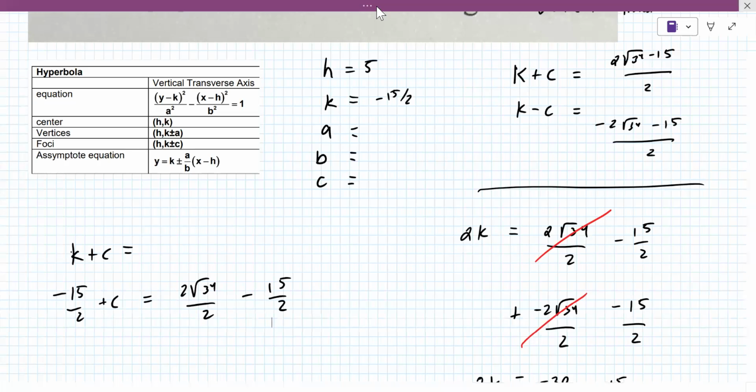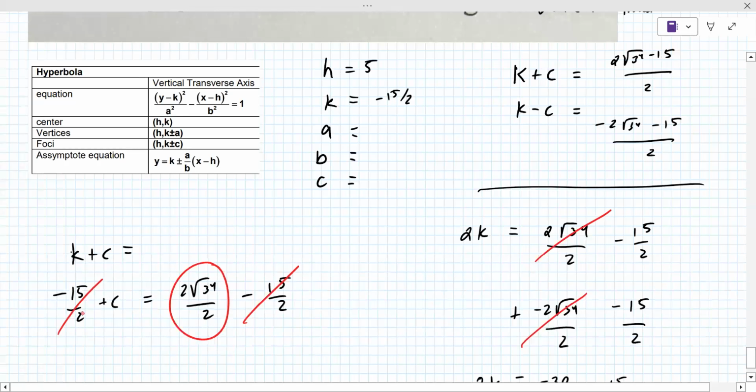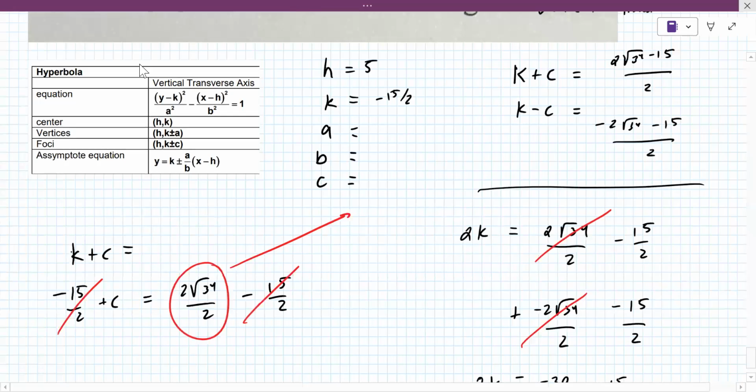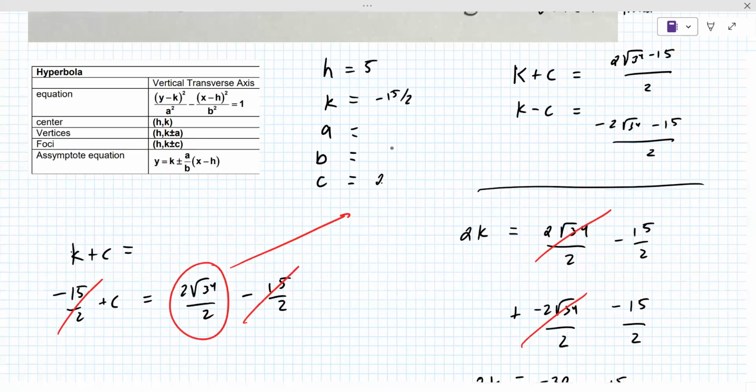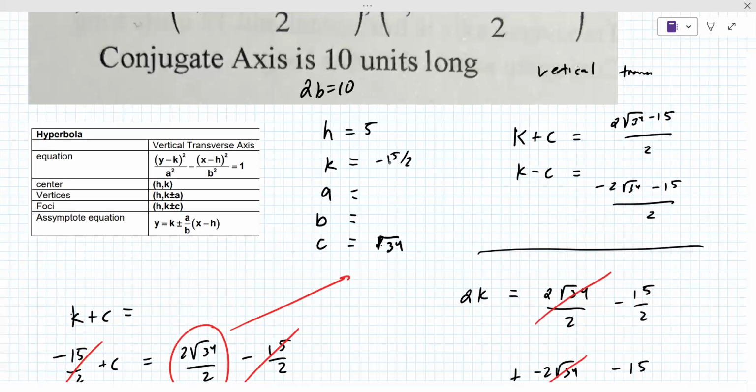If you do enough of these, you realize that c is always the other part of it when there's roots involved. So just the square root of 34. And then we're given that 2b is 10. So b is 5. Pythagorean theorem, you find that a is 3 using Pythagorean theorem.